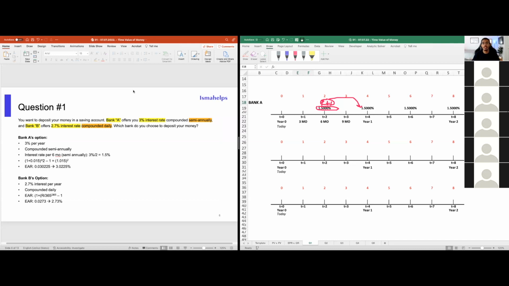You don't need to do anything to it if you're comparing an effective rate to another. In this case, they just gave you rates, and they told you it's compounded at a certain frequency. So you need to compare both of them using their effective annual rate because it's the easiest way to go about it. That's a very good question, William.